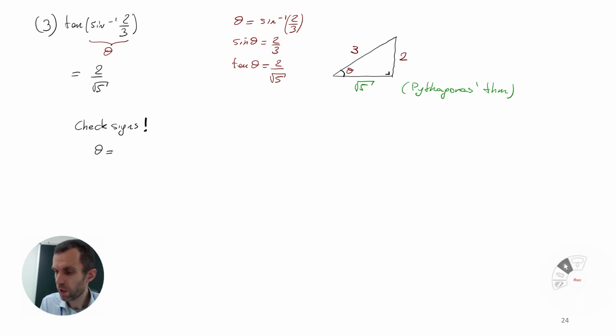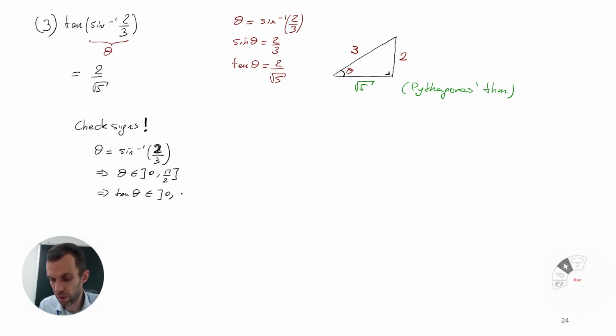So theta is equal to sine inverse of 2 divided by 3. So this is a positive value, and that tells us that theta is in the interval 0 to pi over 2. From that, we know that the tan of theta is going to be in the interval 0 to basically plus infinity.